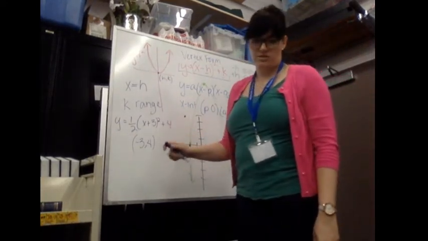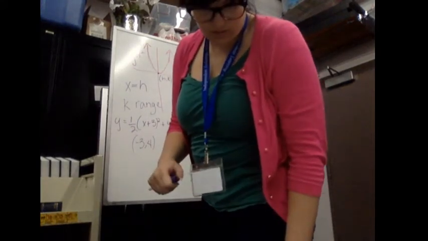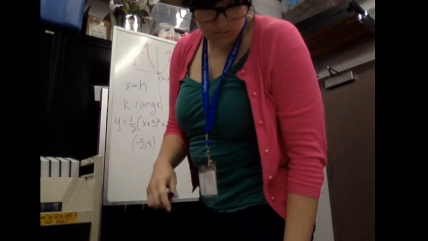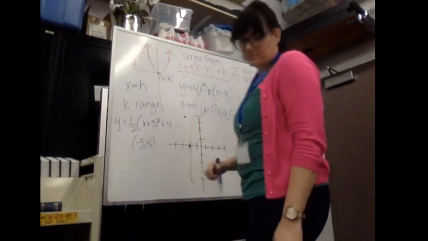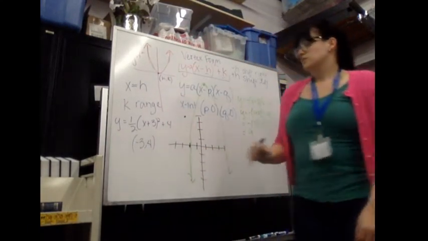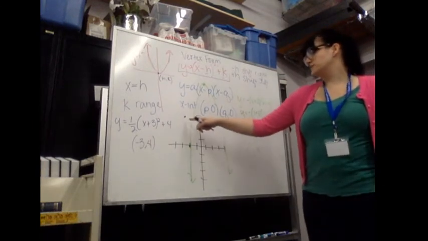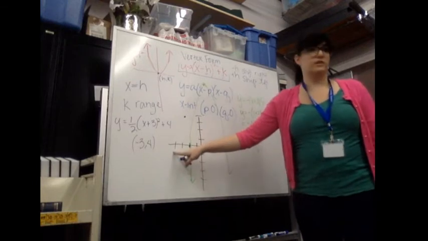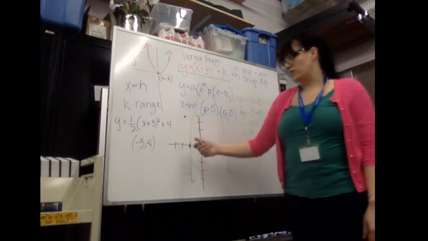So at this point, how do they do it? Do they plug it in? They don't tell you how. Okay, so at this point I can see it's going to be negative 3. So I can plug in negative 2 and negative 4 and simplify that.